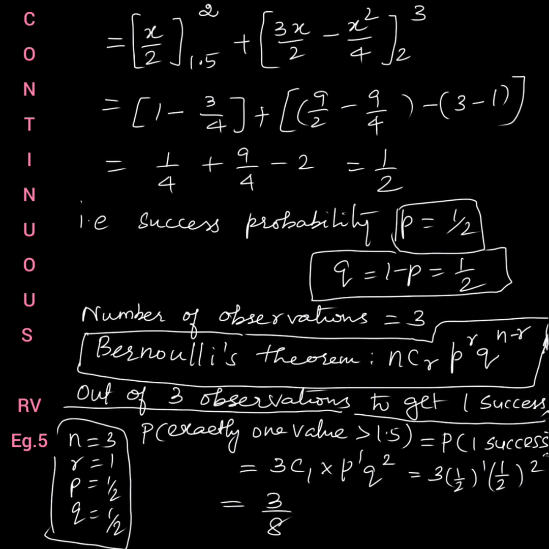Now the probability of x greater than 1.5 we obtained is taken as the success probability, which is simply denoted as small p, and q is the failure probability. The value is 1 minus p, which is also 1 by 2. Number of observations, obviously it is 3. They are giving it as 3 in the third subdivision question.